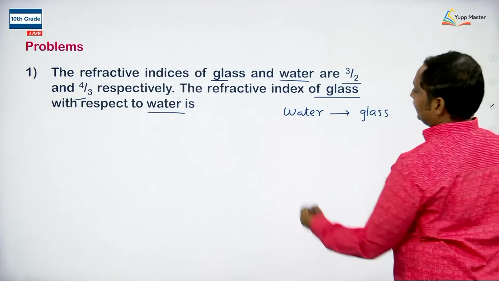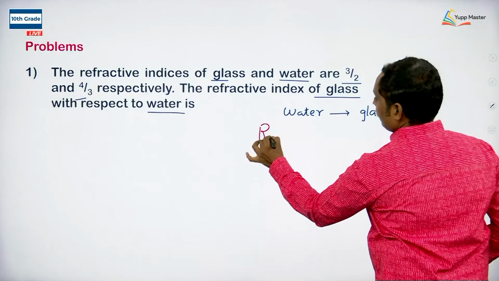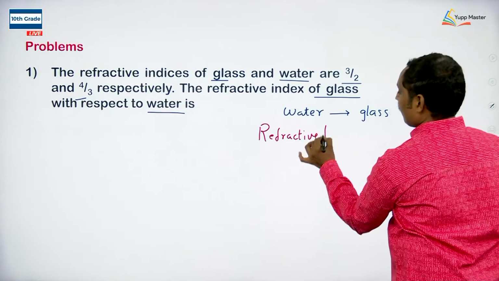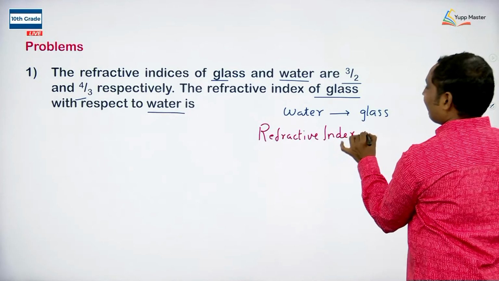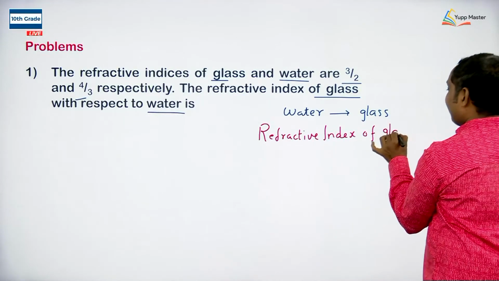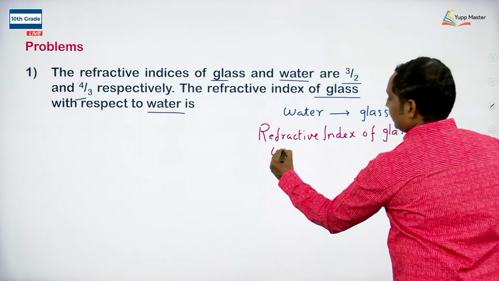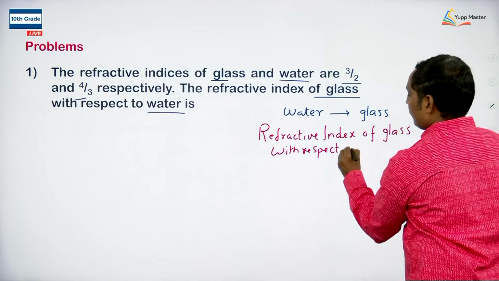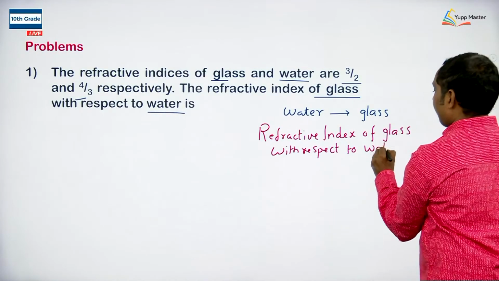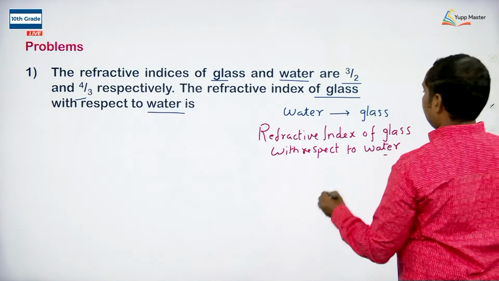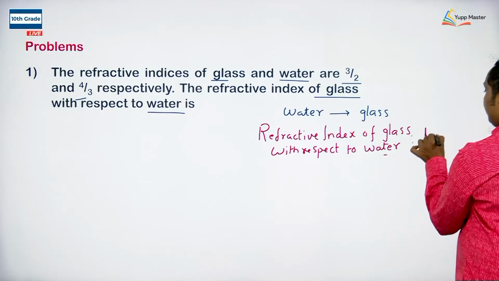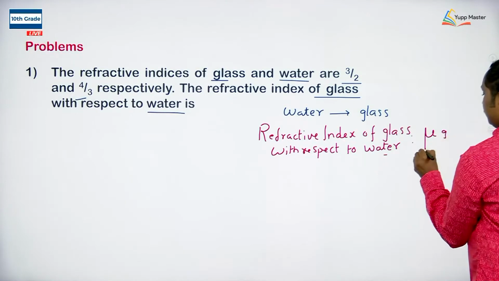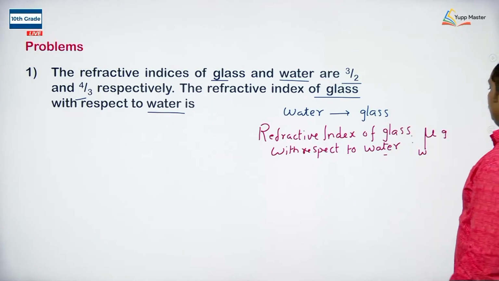Now you can take the refractive index of glass with respect to water, that is identified as mu G and W.